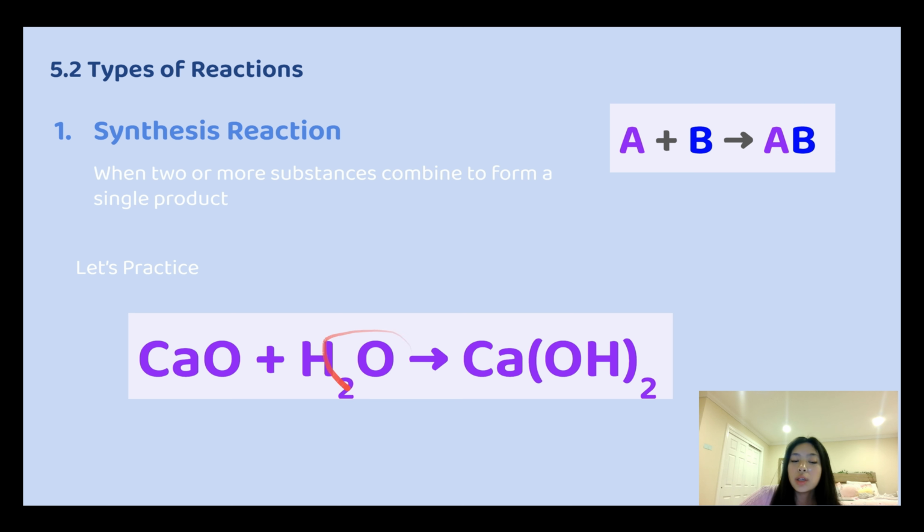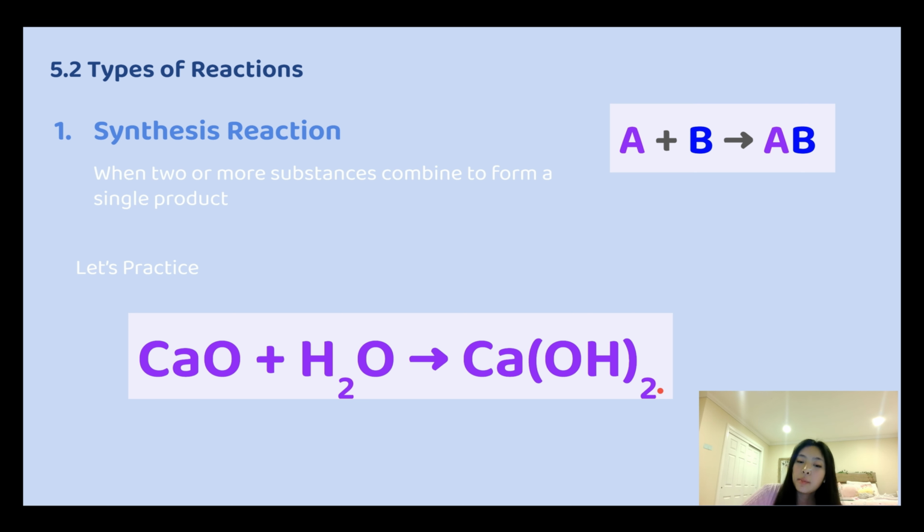So this oxygen here can actually be rewritten as hydroxide when you're adding these together. Hydroxide is a polyatomic ion. Hydroxide has a -1 charge. And since calcium has a +2 charge, we need to put a subscript of 2 here.